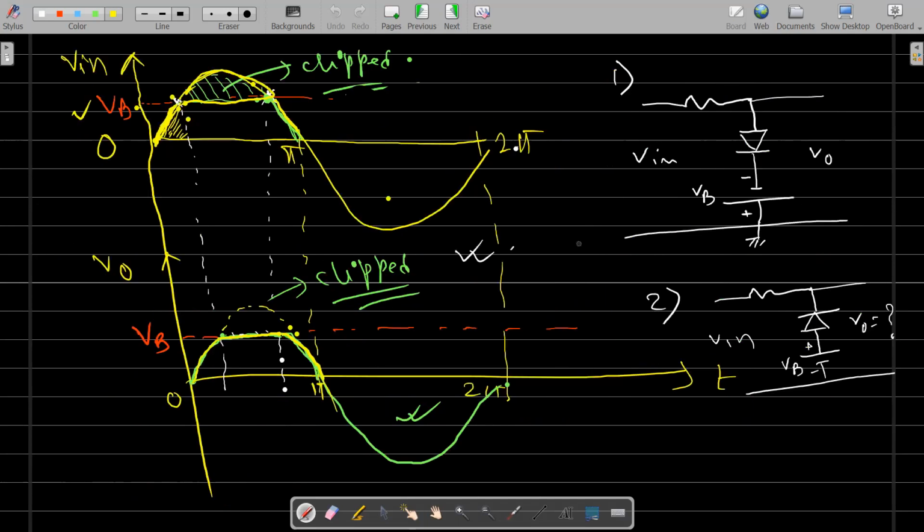So this portion is removed, eliminated. Similarly, you can practice those circuits. The operation will be the same. The output waveform will differ. Only the polarity of VB changes, and here the polarity of the diode changes. Depending upon that, you will get a different type of waveform, so you can solve it.